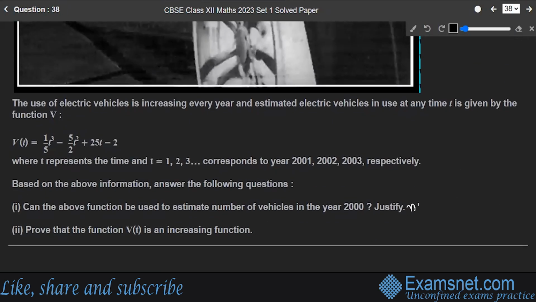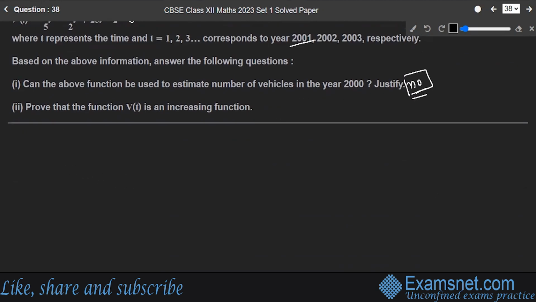And why is that? See, you are given this equation, right? And over here, t represents the years 2001, 2002, 2003, and so on. So no function can be used to calculate the number of vehicles in years previously undefined. The starting year in the equation is 2001, so we cannot use this function to calculate data before 2001. So the answer is simply no. Let's write.